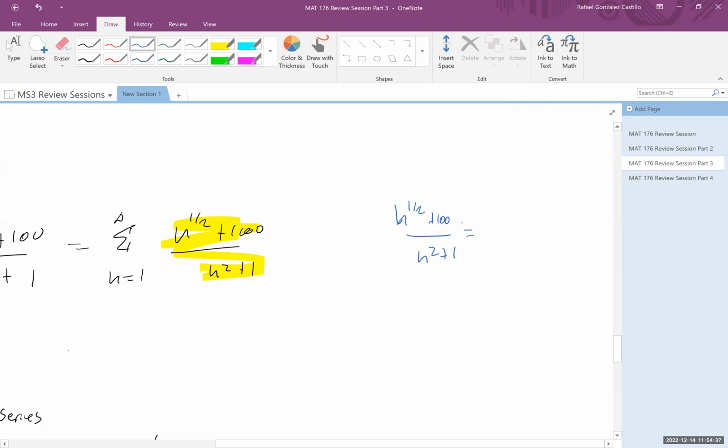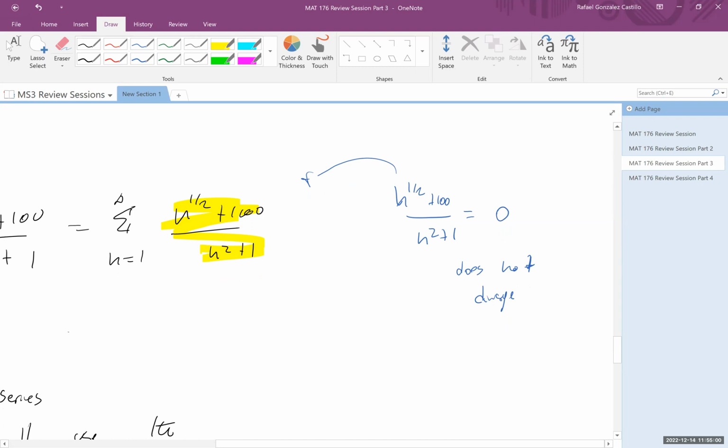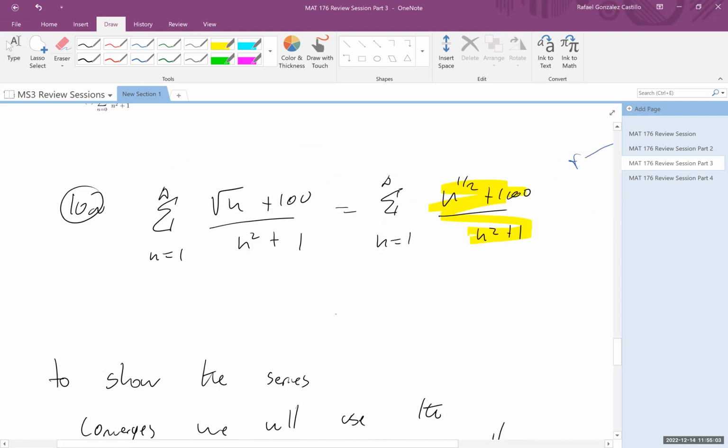This piece, as n goes to infinity, goes to 0, which tells you that this has to converge. It doesn't. It tells you it does not diverge. So this tells us that it does not diverge if you use the nth term test.